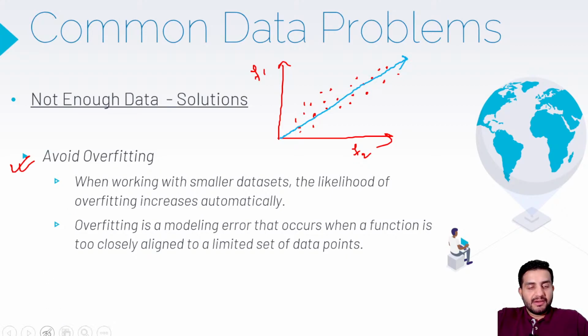But what happens in an overfitting case? The same line will be looking something like this. Can you see this? So instead of generalizing this trend, what just happened? It tries to capture every single piece of information.